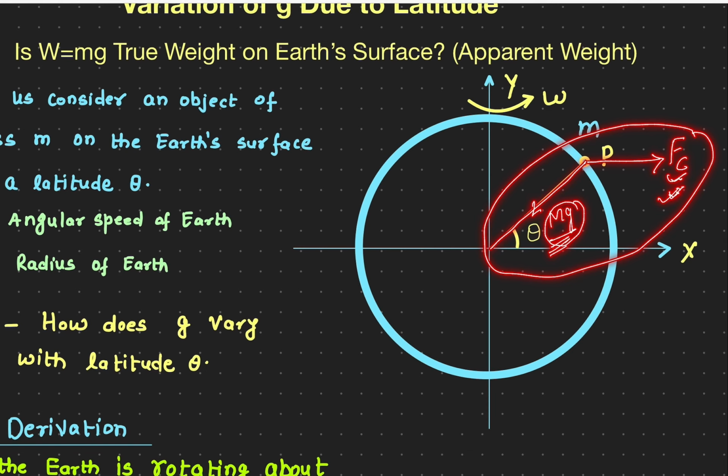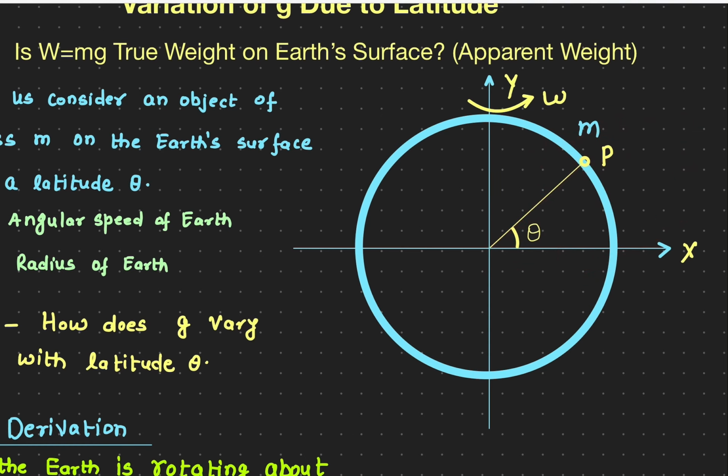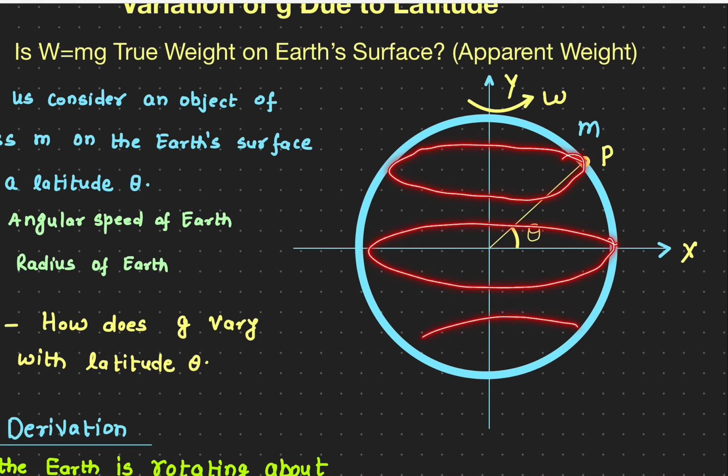Now, why would it change depending upon the location? The formula for the centrifugal force is m omega squared r cosine theta. Here r cosine theta is the radius of the circle in which the point P moves. Each point moves in a different circle, and the larger the circle is, the greater will be the centrifugal force.